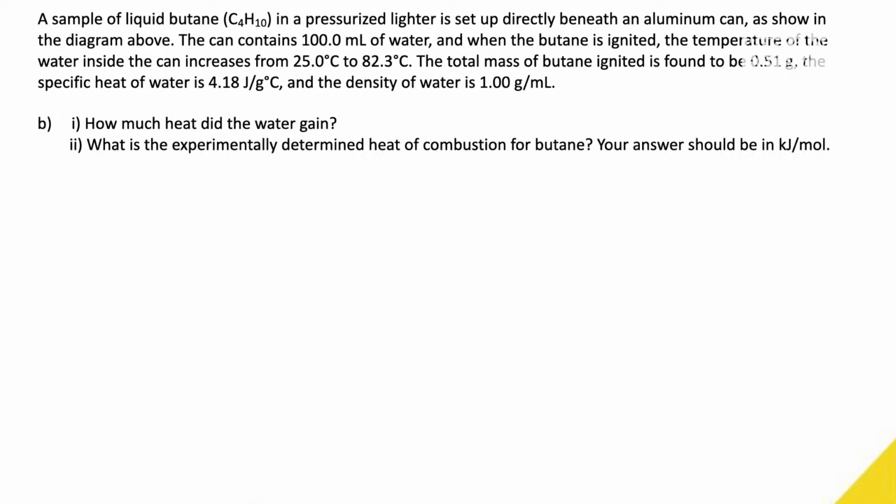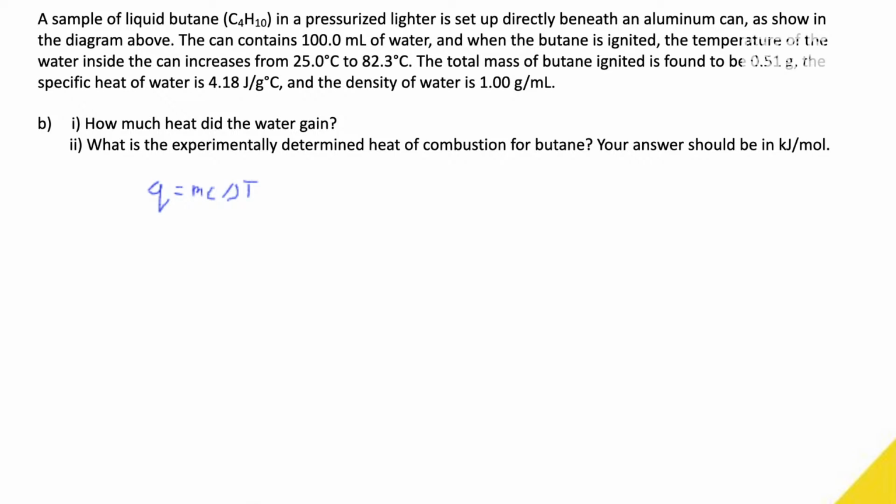that they're looking for. How much heat did the water gain? Here I'm going to use the equation for heat transfer that we had. Q equals mc delta T. So I need to know the mass of water. Well, the mass of water in this case is, remember, we have 1 gram per milliliter.